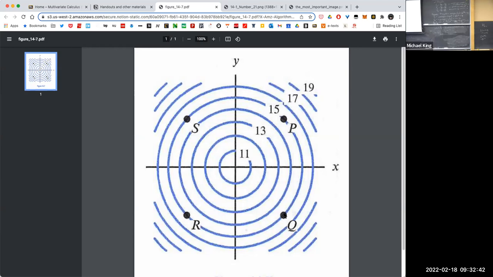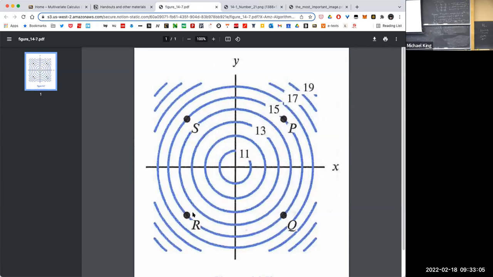Here at Q, you guys see these numbers. These numbers are increasing as you go away from the origin. So just yell it loud and proud. The partial x from this point, positive or negative? Positive. What's the partial y? Negative.